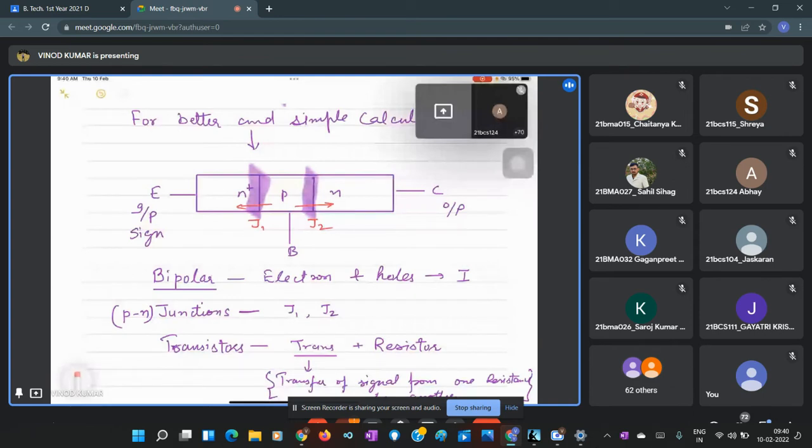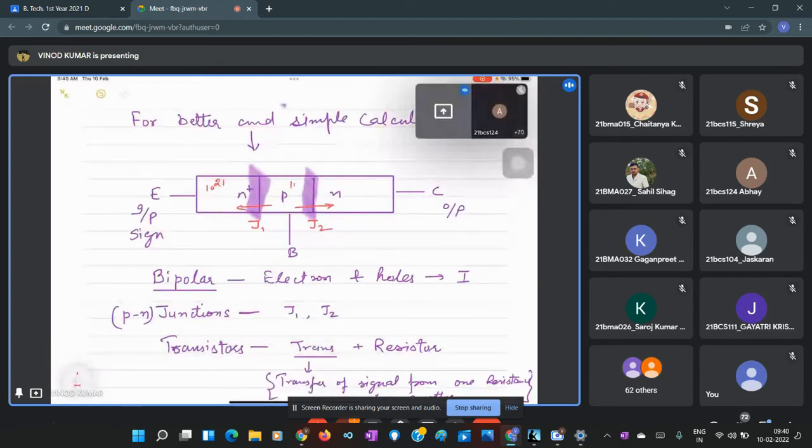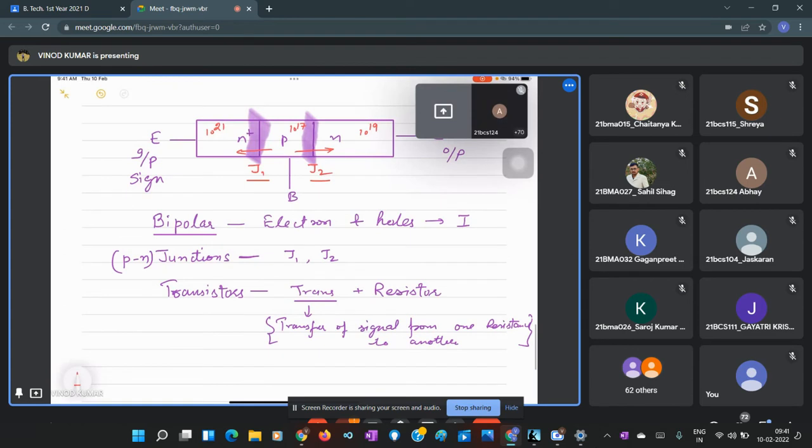This is 10 to the power 21 doping level, this is 10 to the power 17, and this is 10 to the power 19. So does junction J1 have higher resistance, or junction J2? We have two diodes here, so which diode should have higher resistance? Write down your answer in the chat box: resistance of J1 is higher, or resistance of J2 is higher.